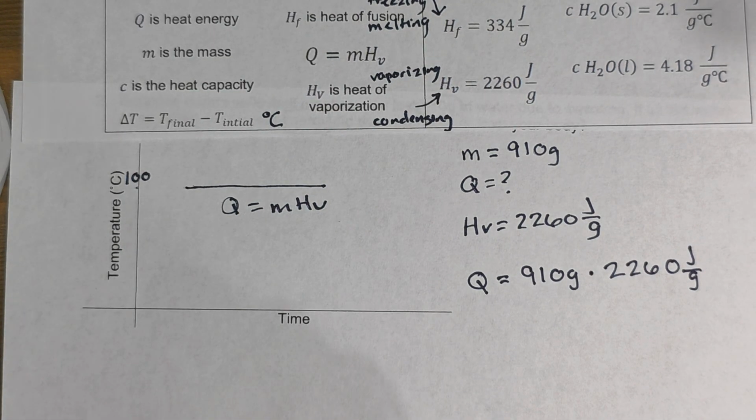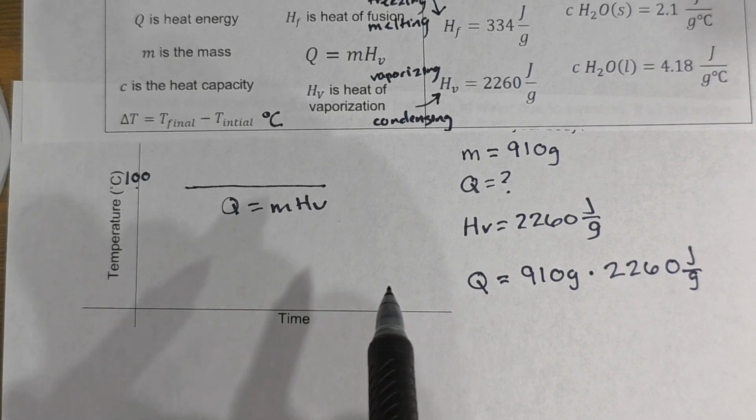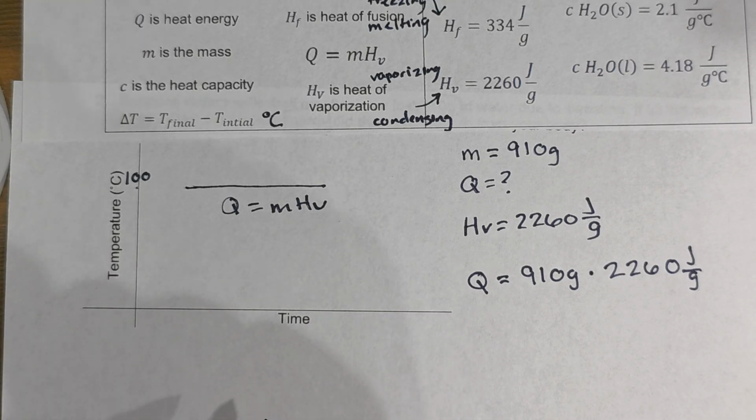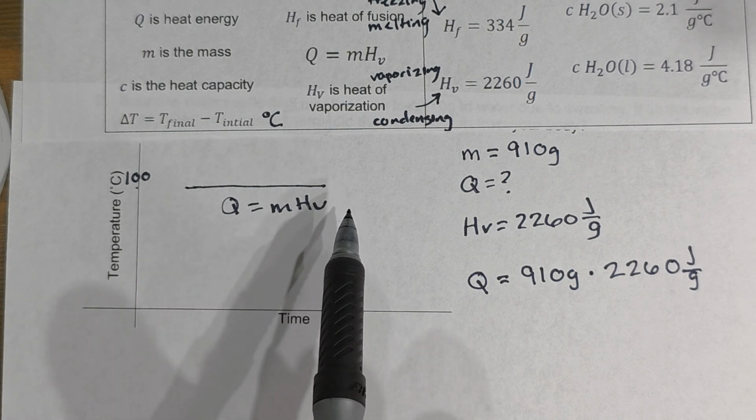Now, before I continue on here, I need to consider one thing. Remember how I said that a negative Q means energy is coming out, we're losing energy, and a positive Q is energy going in? I need to pause here before I do my calculation and ask myself, am I losing energy or gaining energy? Well, here I have a liquid turning into a gas.